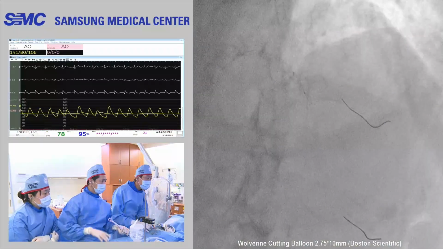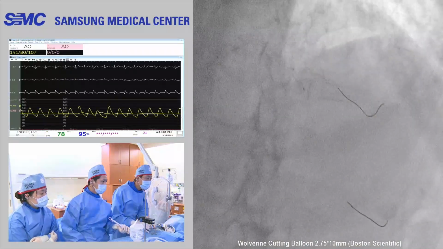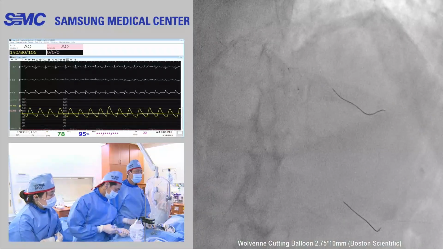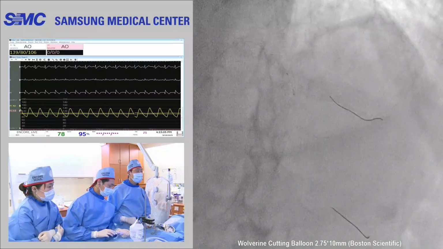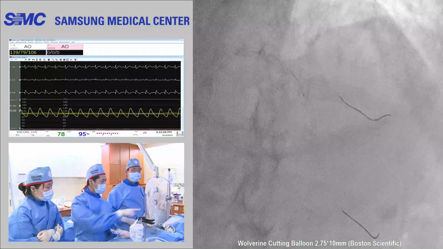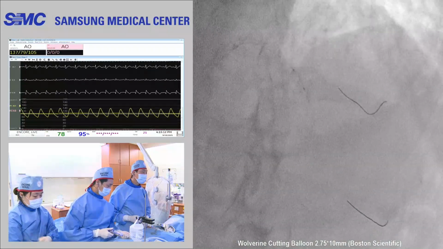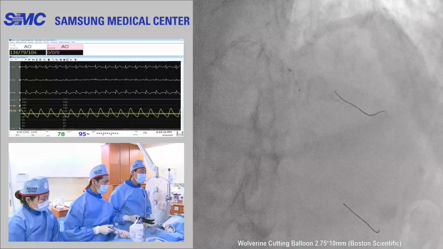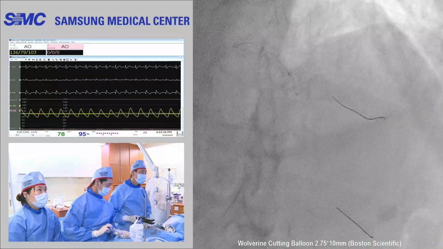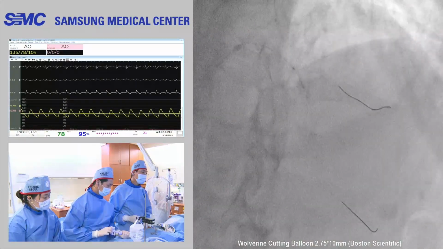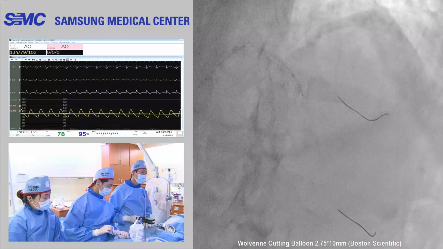A little bit more distally. Okay, one. The protocol says 1 atmosphere for 5 seconds. 2. 3. 4.